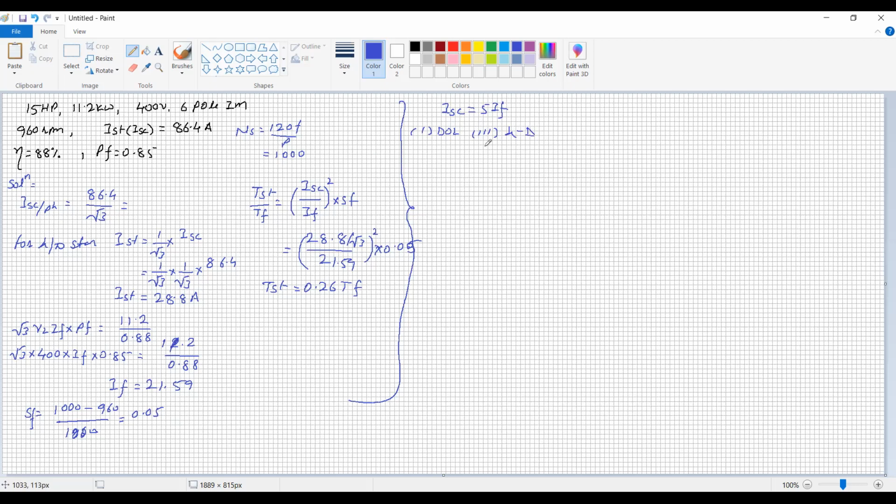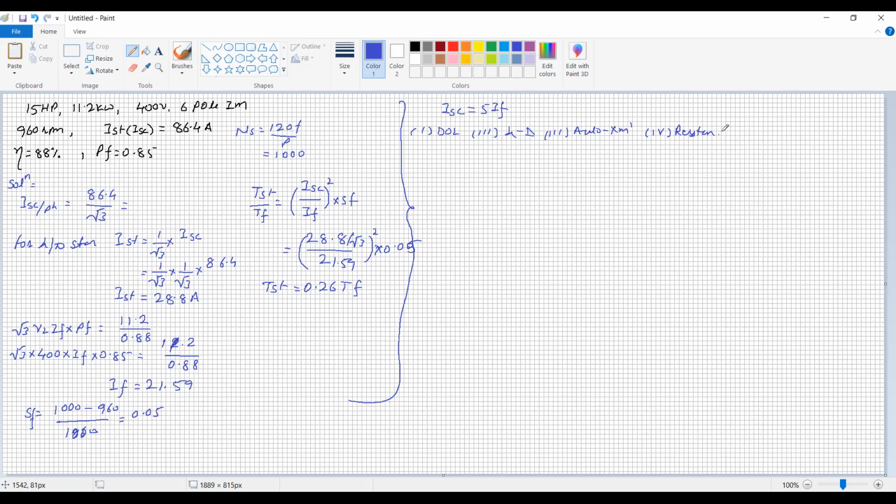Third, an auto transformer starter. And fourth, resistance starter. Means we have to calculate the starting torque and full load torque ratio by all types of methods.